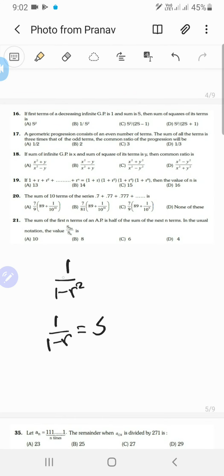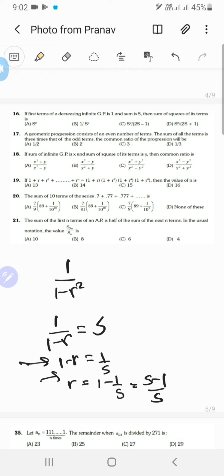So what is this going to be? Just find r first of all. This will give us 1 minus r equals 1 upon s, so r equals 1 minus 1 upon s, which is s minus 1 upon s.